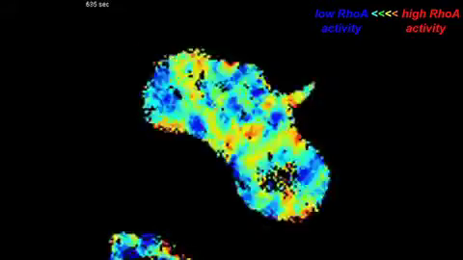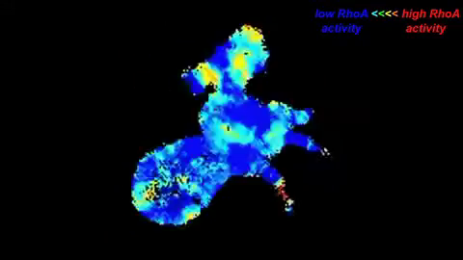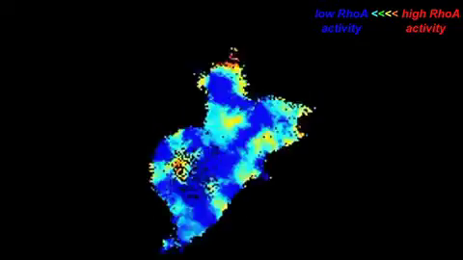So what was really fascinating about this is that RhoA is active in multiple places on the plasma membrane as they crawl and then go through. And the activity changes very dynamically.